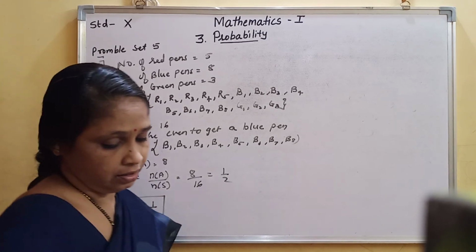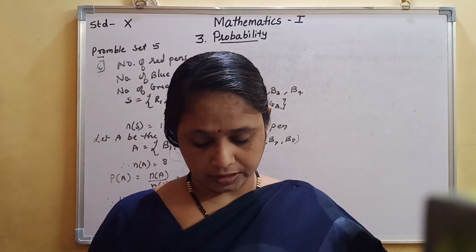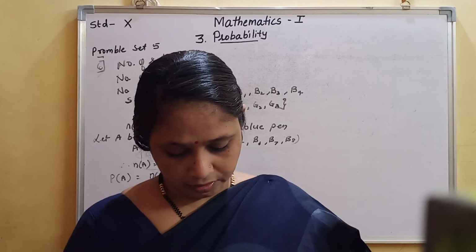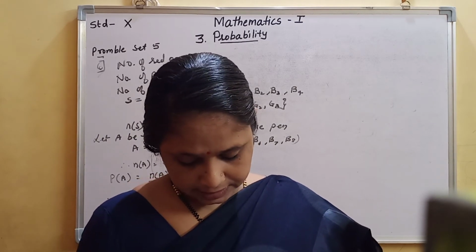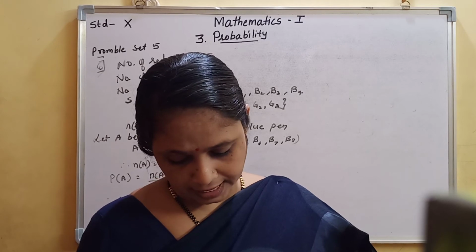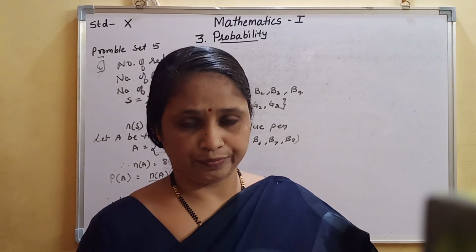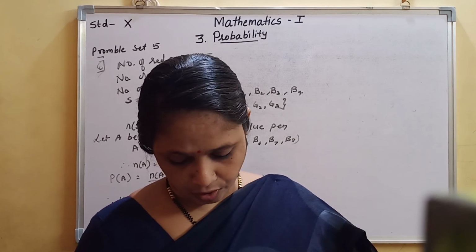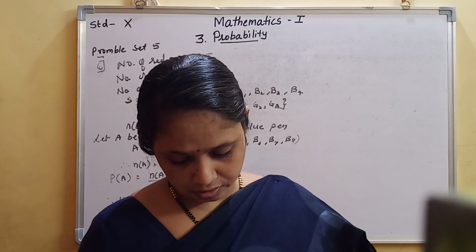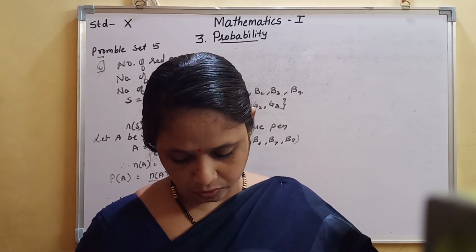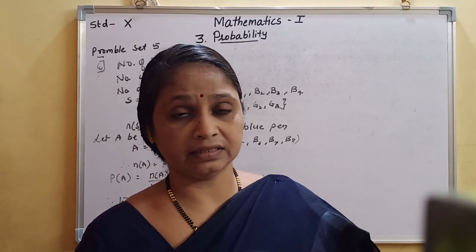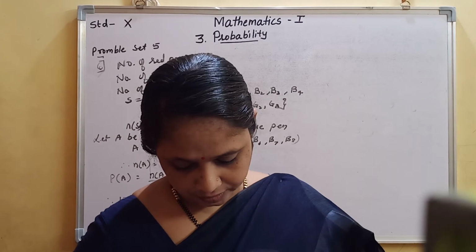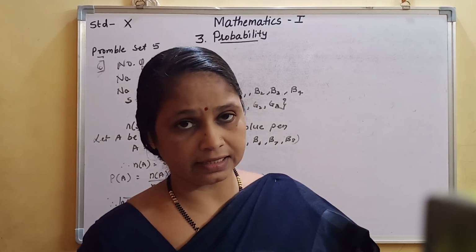Now we will see the next example, number 7. Example number 7 is: the 6 faces of a dice are as shown below. If the die is rolled once, find the probability of A appearing on the upper face. Now here the dice contains the letters A, B, C, D, E and A. So total how many letters are there on a dice?